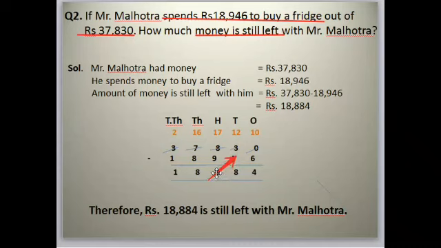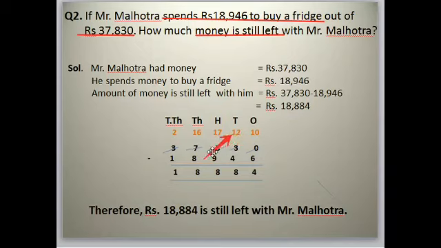Now, we subtract 4 from 2, but 2 is smaller than 4. So we take 1 from the hundreds place and 2 becomes 12.